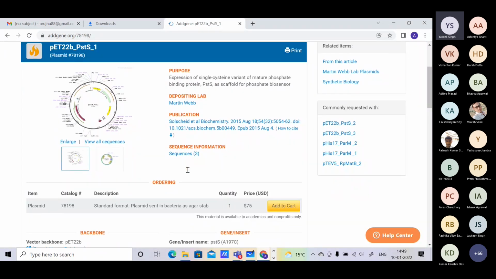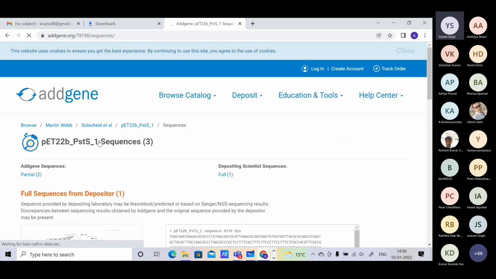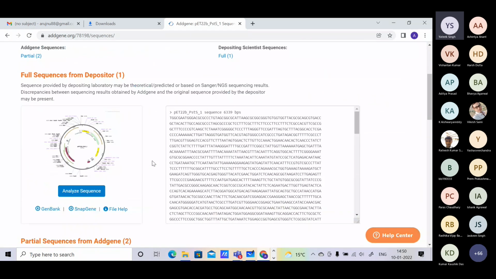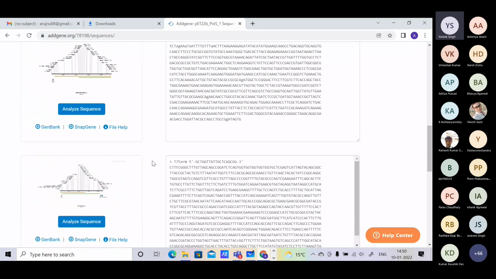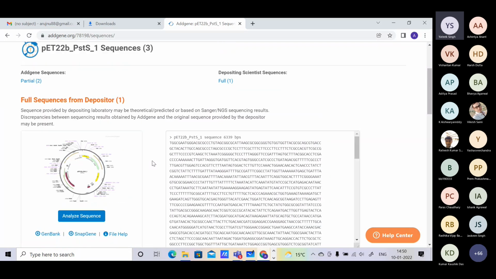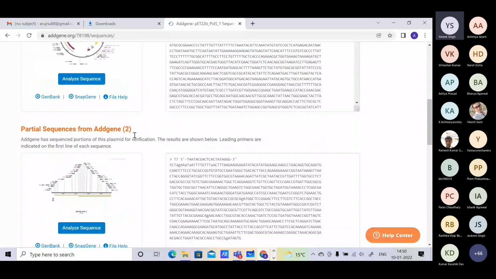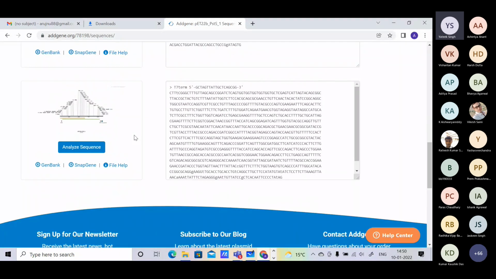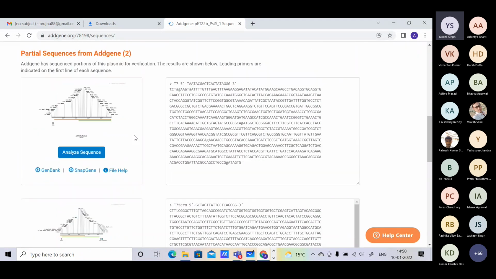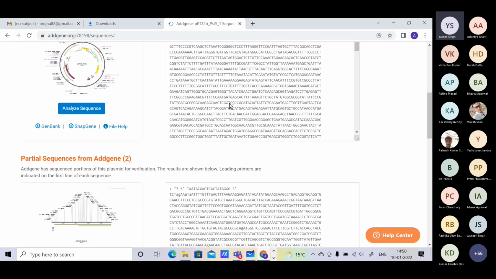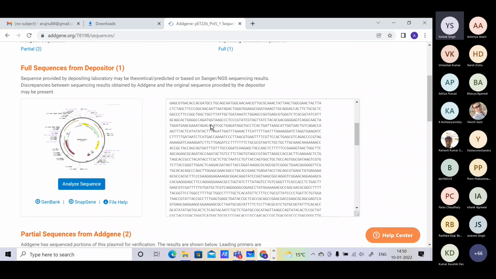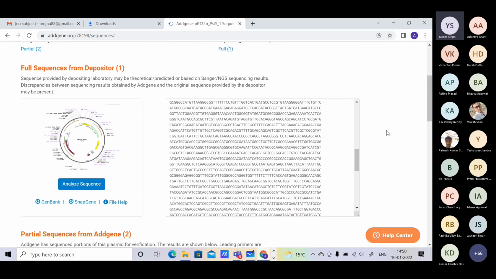Now what we can do is go to this part, view all sequences. Now they have provided you the sequence. You can go to each and every individual sequence. There are multiple sequences done with it, and these are the information of the primers which were used for sequencing this particular vector.